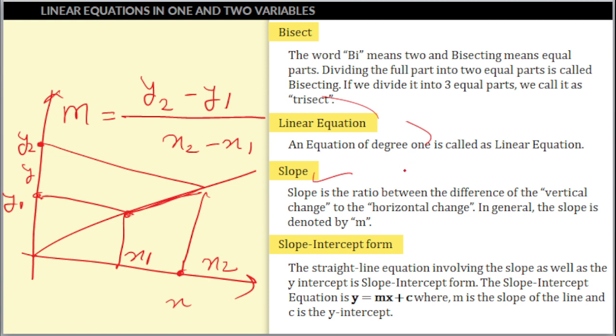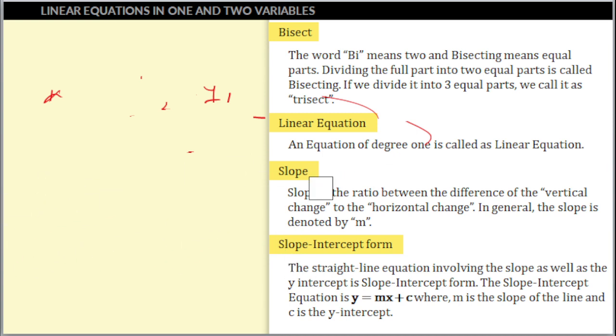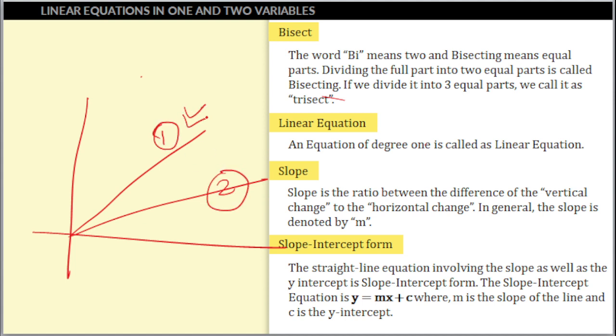We can also tell about the slope of a graph by its steepness, because slope is nothing but the steepness of a graph. If there are two lines, which one will have the greater slope? Let's say this is graph 1, this is graph 2, so graph 1 will have the greater slope.